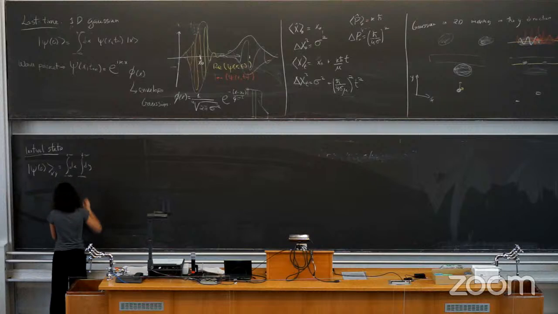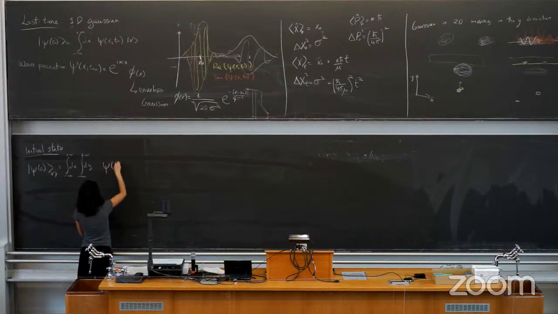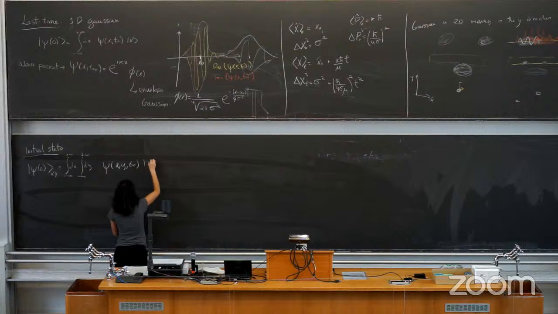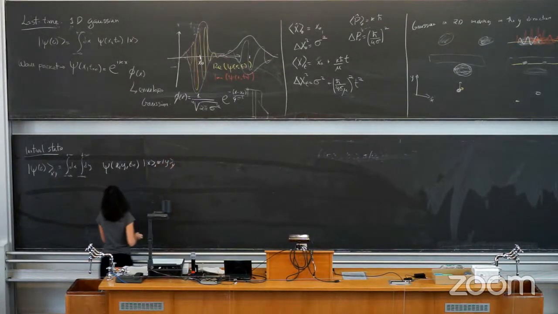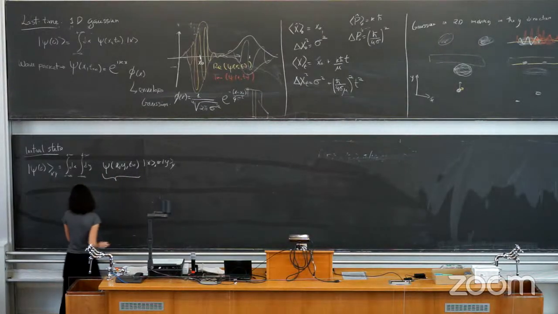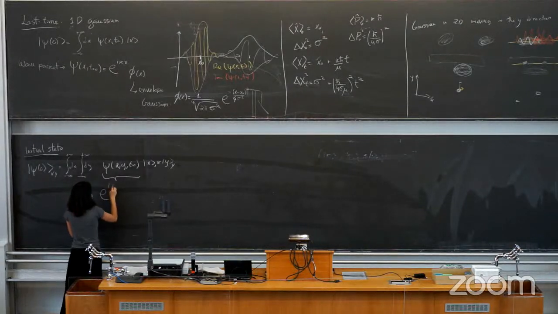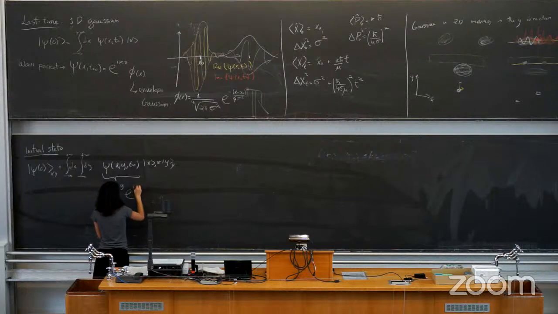The state at time equals 0 is the position ket x, y, and now this thing here, I'm going to say it's going to be e^{i k_y y} e^{i k_x x}.